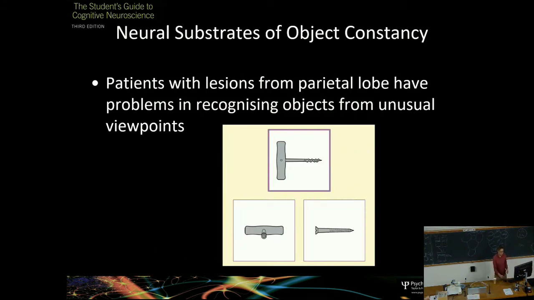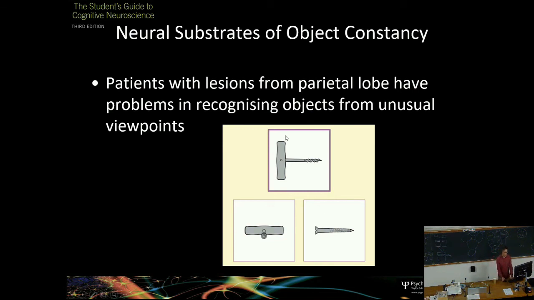But there is evidence that we do some kind of mental rotation when we're looking at objects or matching them. So this is the kind of task that they would give to certain brain damage patients, where they have to say which of the images on the bottom goes with that one. Okay? And in order to do that task successfully, you can't rely on the superficial aspects of them. So that looks a bit similar to this, looks a bit similar to that. You've got to understand what the object is like in 3 dimensions to be able to do that.